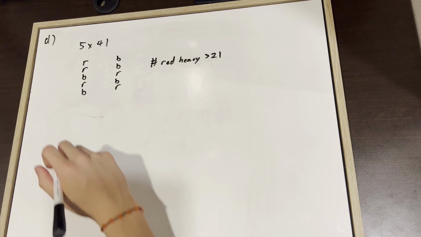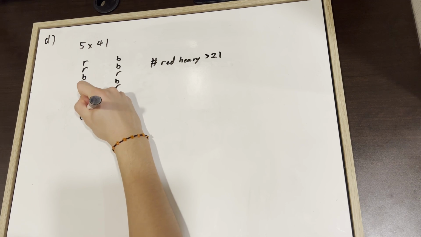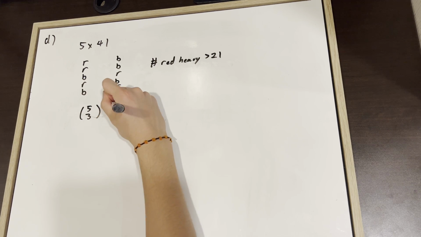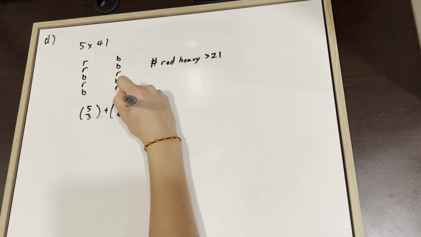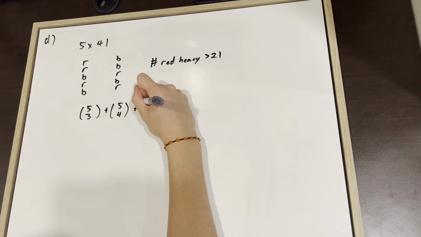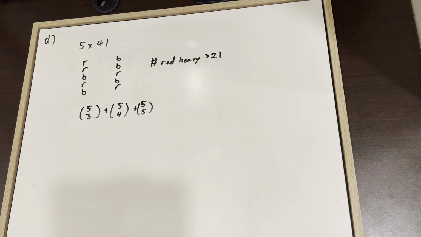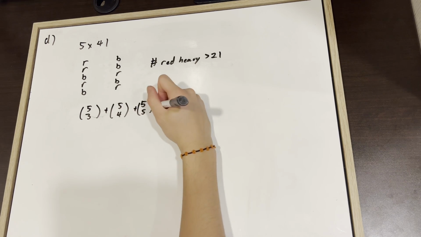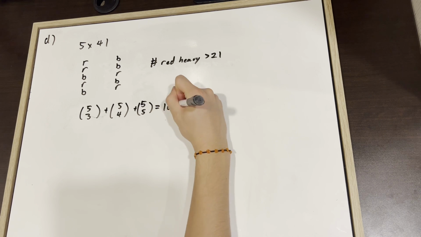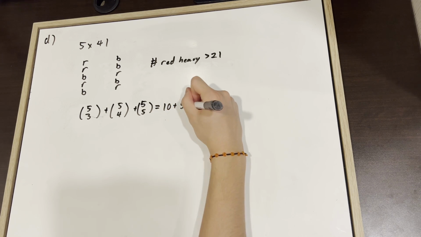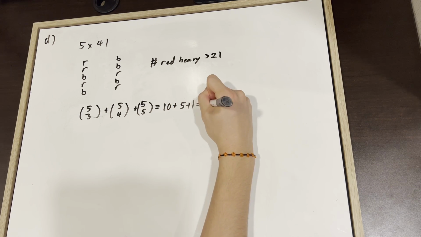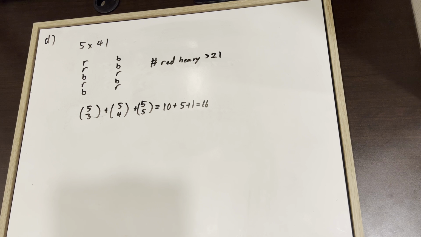Using combinatorics, we find that there are 5 choose 3 plus 5 choose 4 plus 5 choose 5 ways to arrange a column such that there are more red cells than blue cells. This is equal to 10 plus 5 plus 1, which is 16 different arrangements.